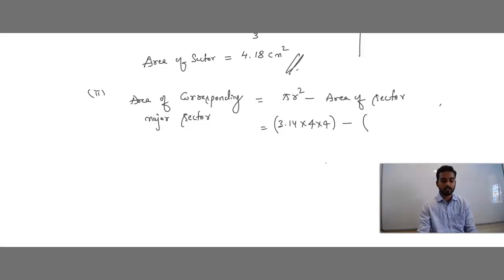We got the answer just now, that is 4.18. Just multiply 3.14 into 4 into 4. That is 4 4s are 16. So 3.14 into 16, how much answer do we get? 50.24 minus 4.18. So if you do minus 4.18, what is the answer?